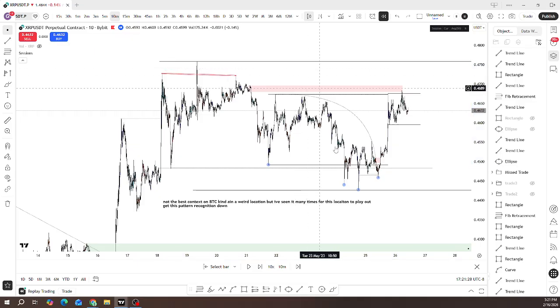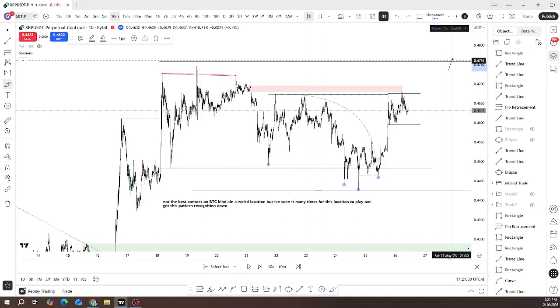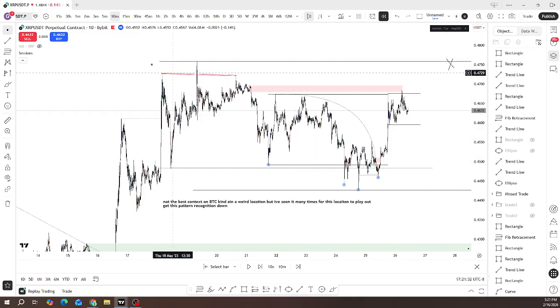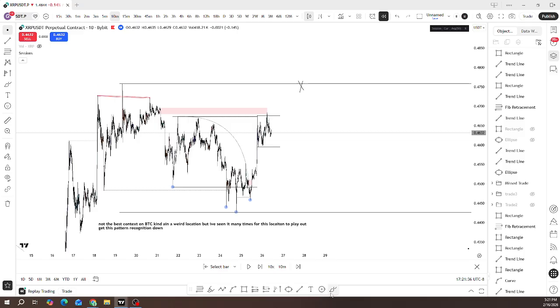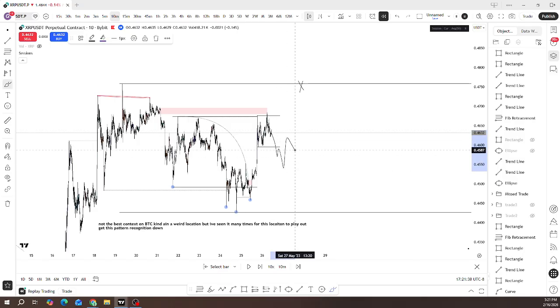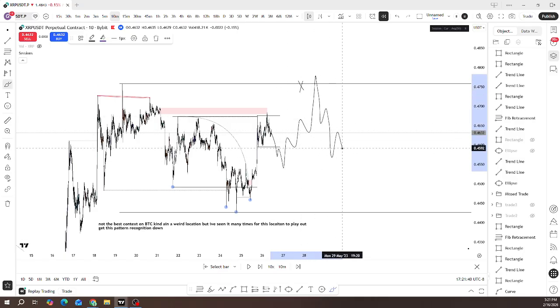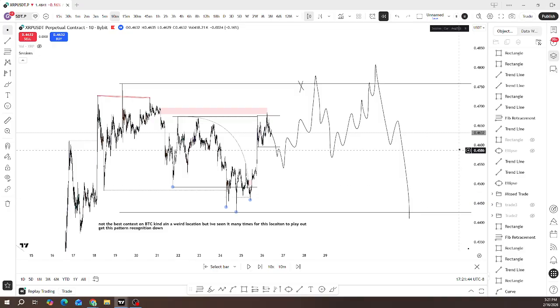So maybe we can target up to this high. We are gonna see about that, and that can be a nice location to distribute here. So I would be curious to see how that plays out.